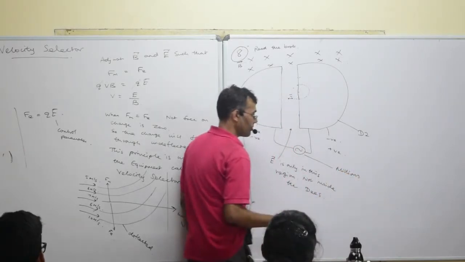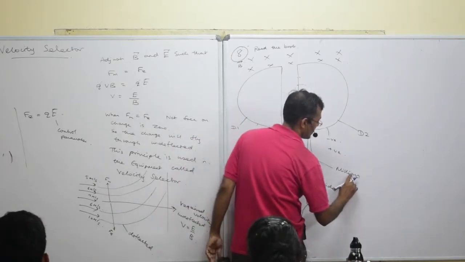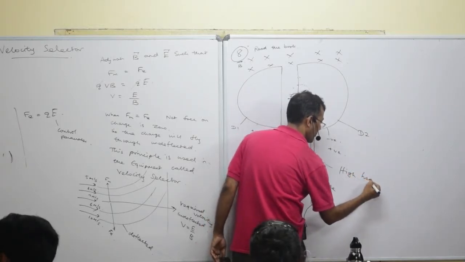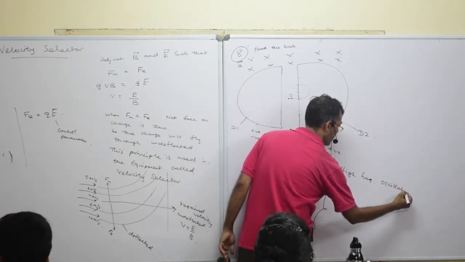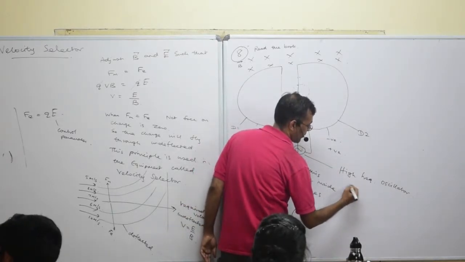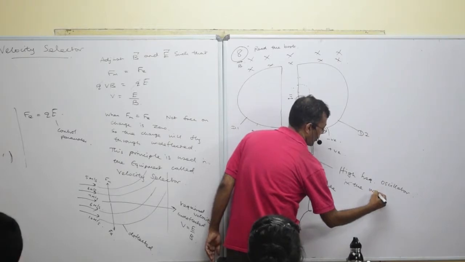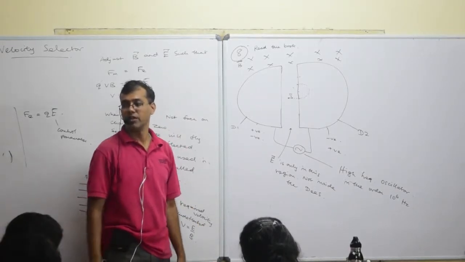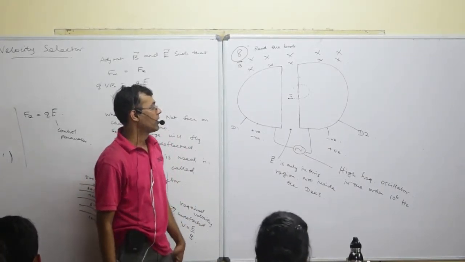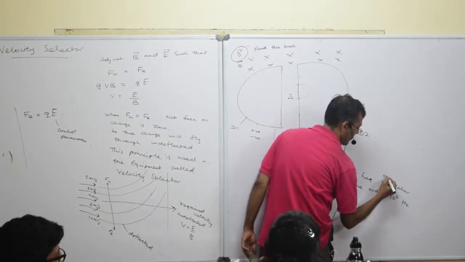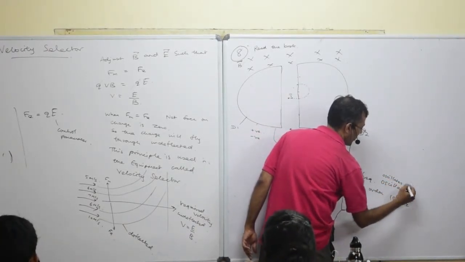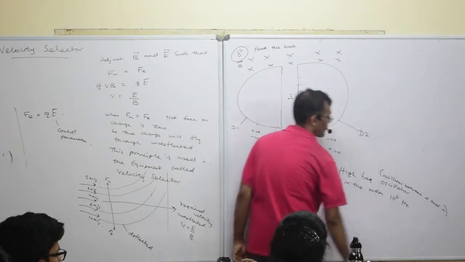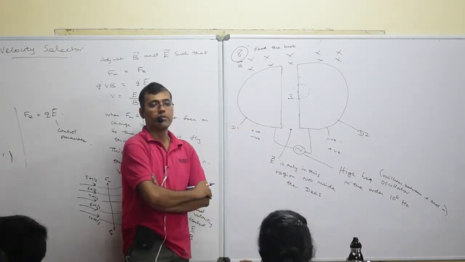Let me check the correct number, but I think it is in the order of millions of hertz. So let's say a high frequency oscillator. Okay, so it's really huge. What do you mean by oscillator? It oscillates between plus and minus.